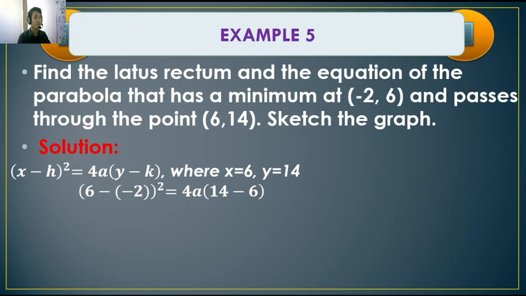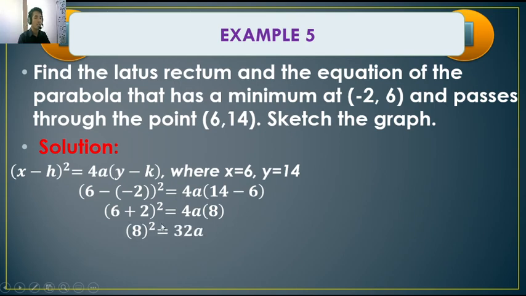So we need to substitute (6, 14) and (negative 2, 6) into our formula of the standard equation of a parabola. We have now (6 minus negative 2) squared is equal to 4a times (14 minus 6). So we have (6 plus 2) squared is equal to 4a times 8.